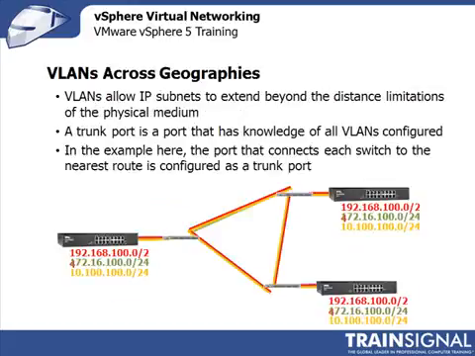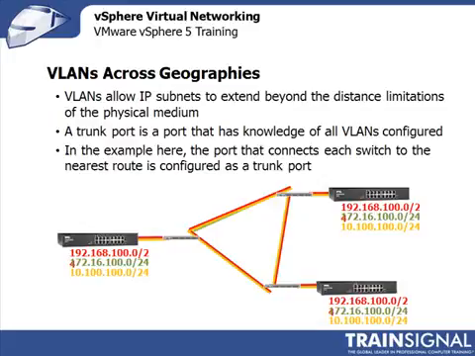VLANs also allow IP subnets to extend beyond the distance limitations of the physical medium. So typically what happens is a VLAN is present in the configuration of one physical switch, but the VLAN on switch A, for example, doesn't know about VLANs that are available on switch B, and thereby cannot pass traffic to those VLANs.